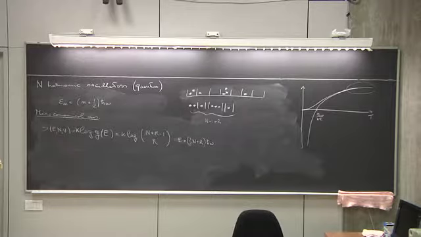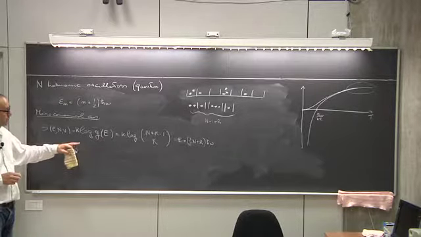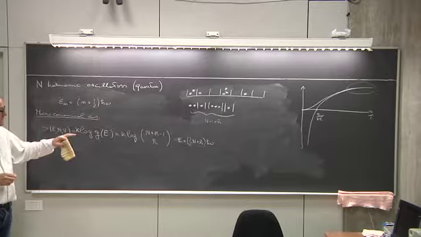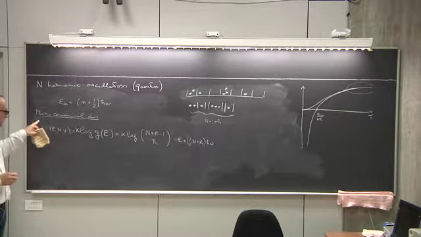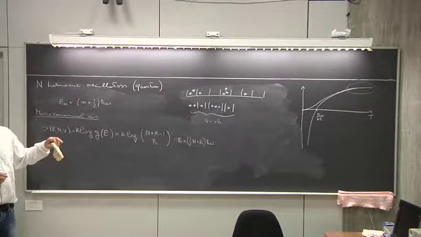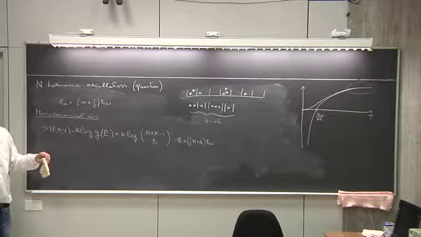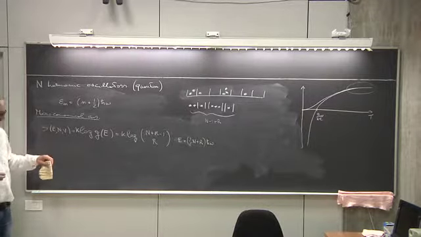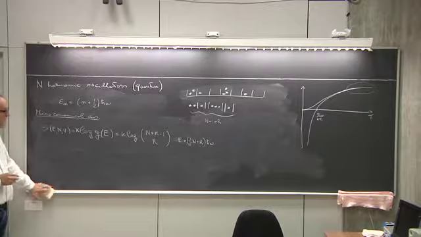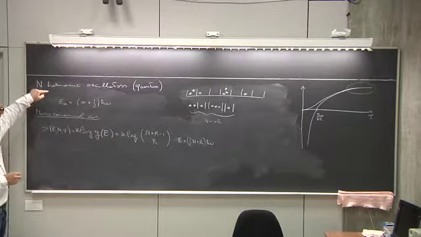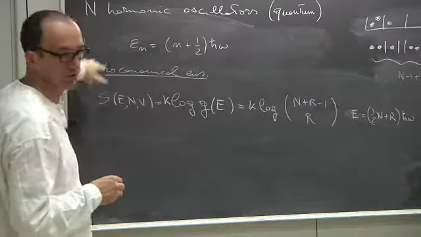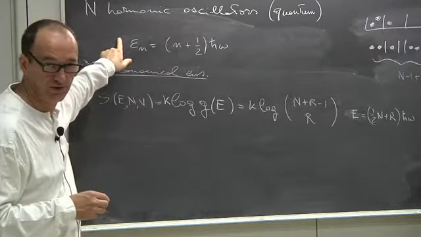Now, as an exercise, you can prove that the entropy which you compute in the microcanonical ensemble coincides with the entropy which you compute in the canonical ensemble. In order to do this, in the canonical ensemble you compute the entropy as a function of the temperature.